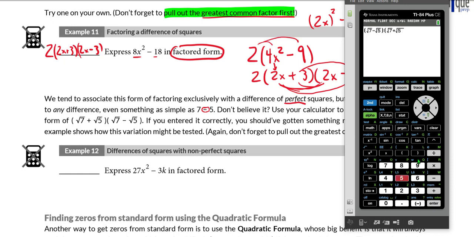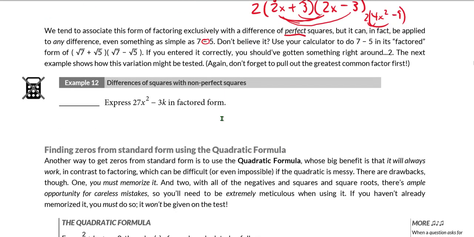So really all I'm doing here is I am writing 7 minus 5, that difference, almost as I would if these were perfect squares, right? Square root of the first term, square root of the second term, 1 minus, 1 plus, and when I hit enter, of course, I get 2. So technically you can factor a difference using this difference of squares factorization pattern, and College Board actually has played around with this once or twice, so it's important that you know how to do this.